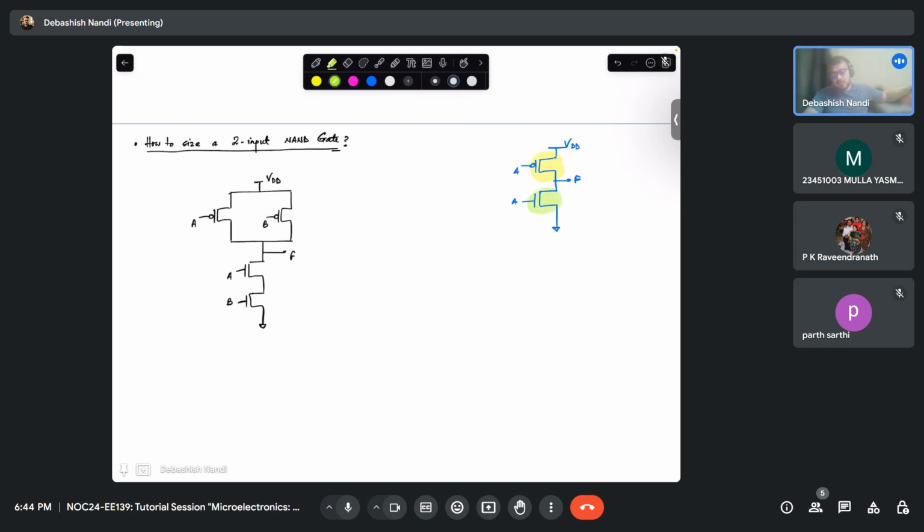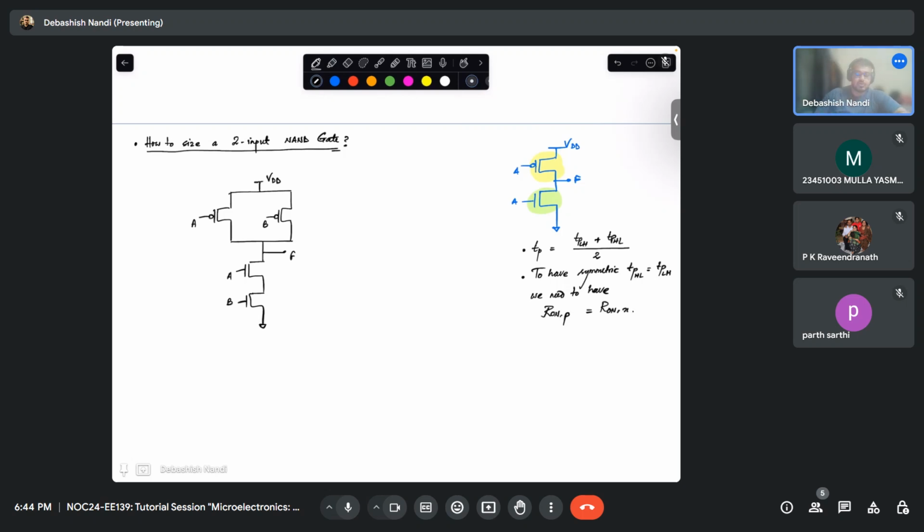Okay. So what was the delay associated with it? We found out that TP is equal to (TPLH plus TPHL) divided by 2. And to have symmetric TPHL equal to TPLH, what do we need to have? We need to have R on of PMOSFET equal to R on of NMOSFET.